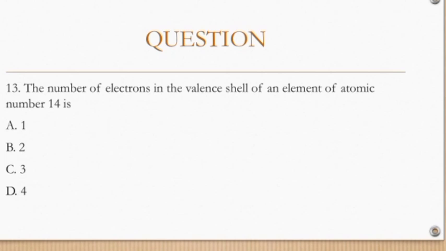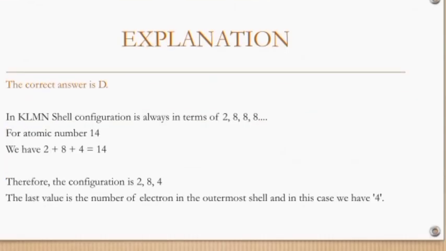It said the number of electrons in the valence shell of an element of atomic number 14 is. In your periodic table, you actually have your K, L, M, N shell configuration. So it will tell you your first shell actually takes 2, your second shell actually takes 8.